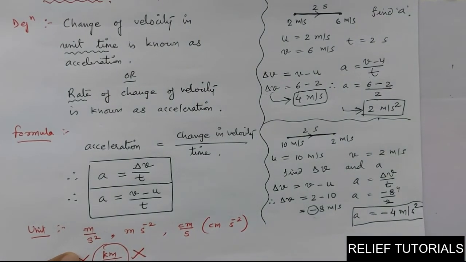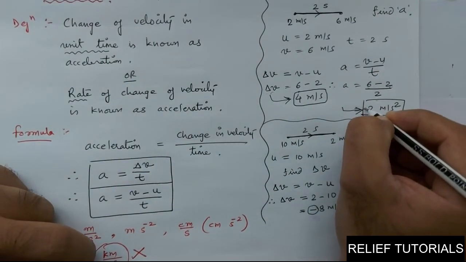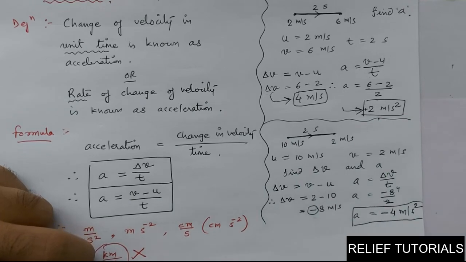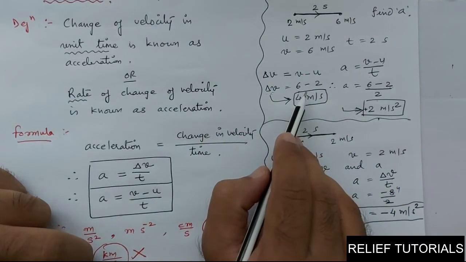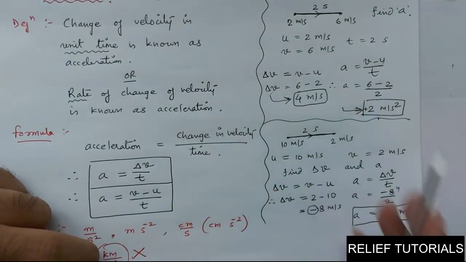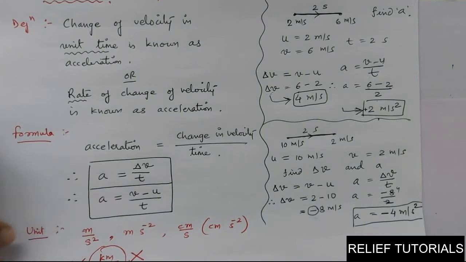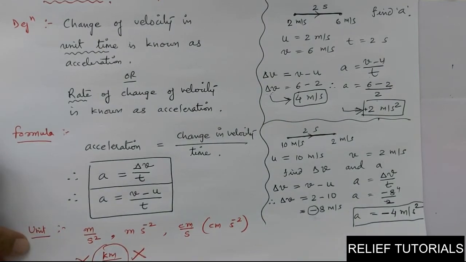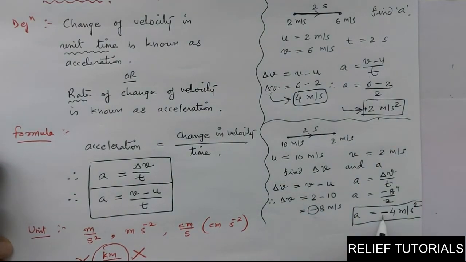So acceleration is also negative. What do you mean by positive acceleration, and what do you mean by negative acceleration? Positive acceleration means the speed or the velocity of the particle increases, and negative acceleration means the velocity of the particle decreases. So now I think you should strike one thing in your mind: here acceleration is positive, here acceleration is negative.